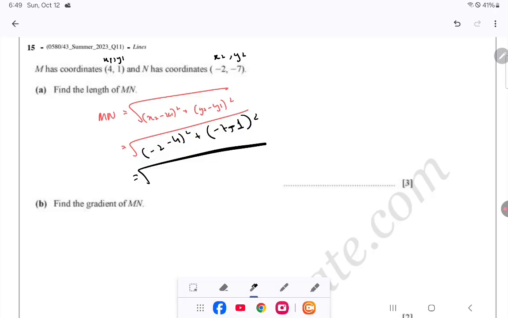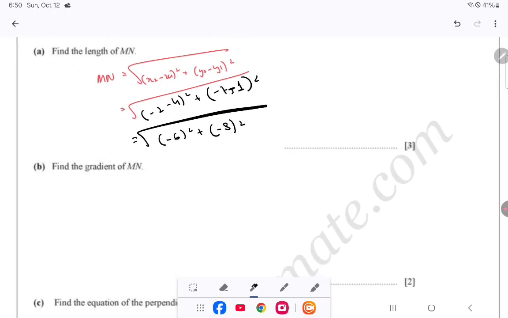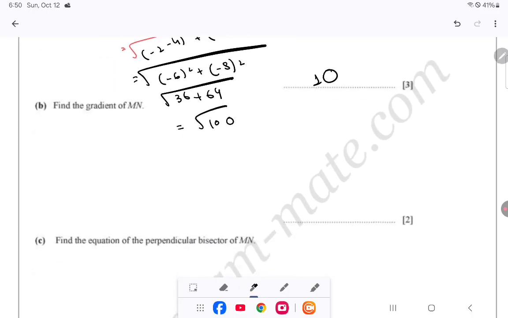If we solve it further, negative 6 squared plus negative 8 squared, 36 plus 64 under the root, and it will give you the value of root 100, which is 10.